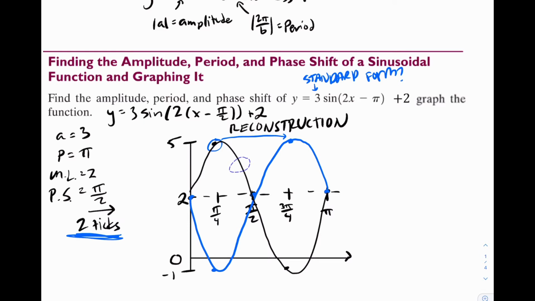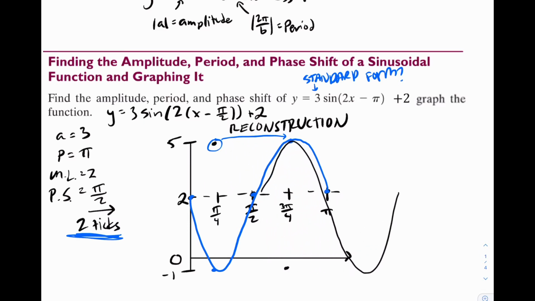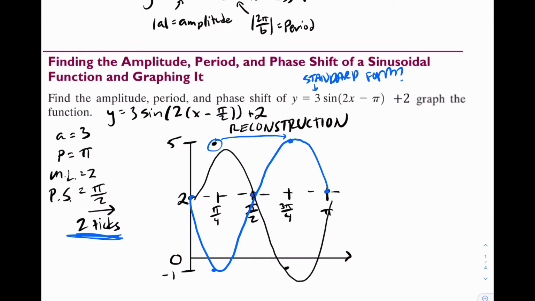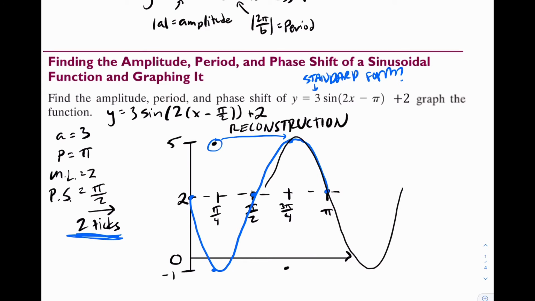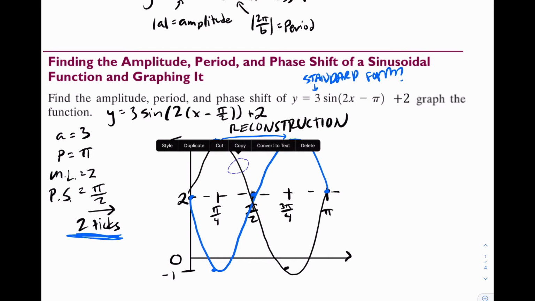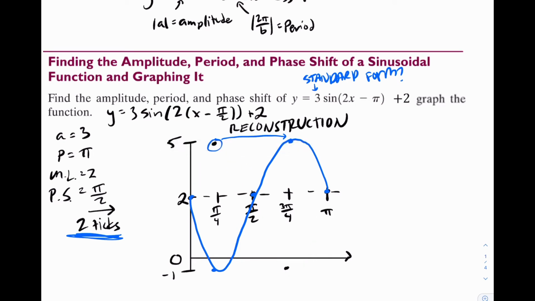Notice how if I grab this one and I move it, it'll line up perfectly with the one we just drew. So really, it's just another way of thinking about the graph. So again, notice how if you shift it, it starts lining up with the graph we actually wanted. Now again, you don't have to do that, but it's just another way to do it.